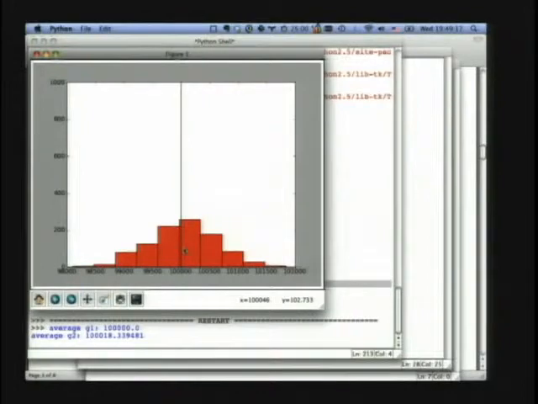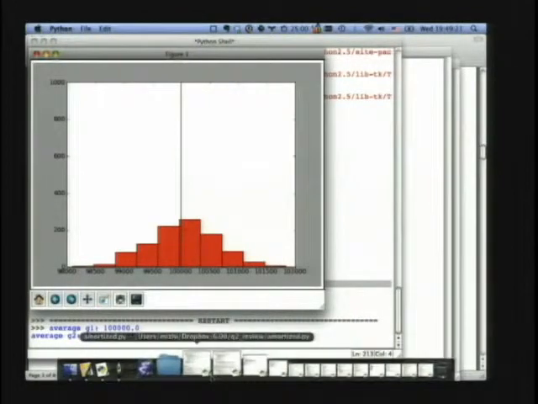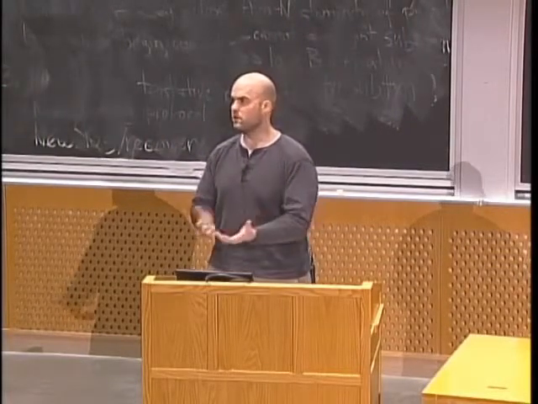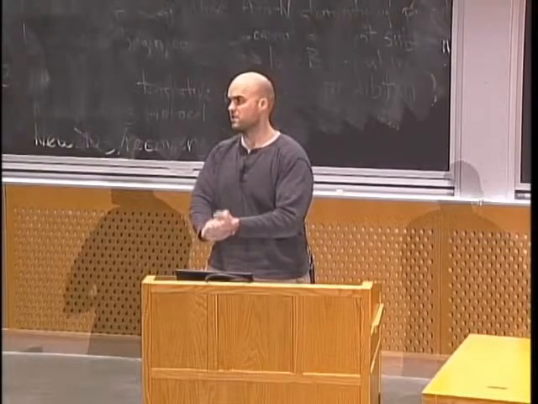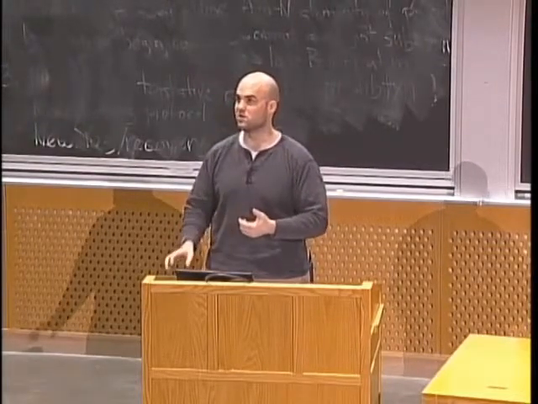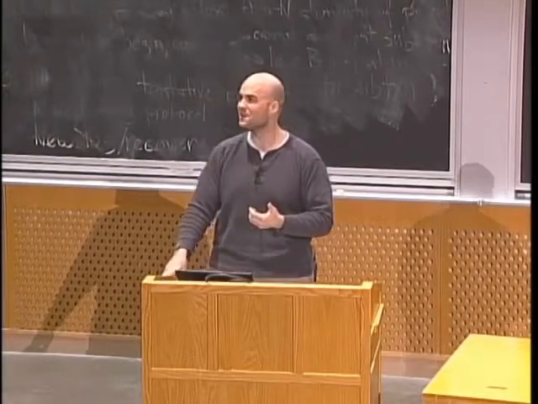So its peak is at the mean. And so if you're taking 1,000 numbers from this distribution, then you know which number you're expecting to see with the highest probability.